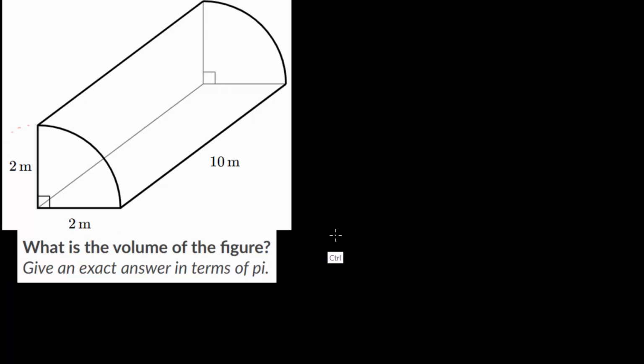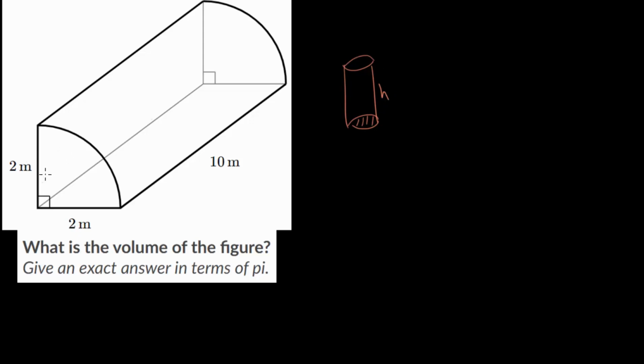So if we can find the volume of the corresponding cylinder, we can then just divide that by 4 to find the volume of this figure. Cylinders are fairly straightforward, since we just need the area of the base and then multiply that by the height. So that's one approach.